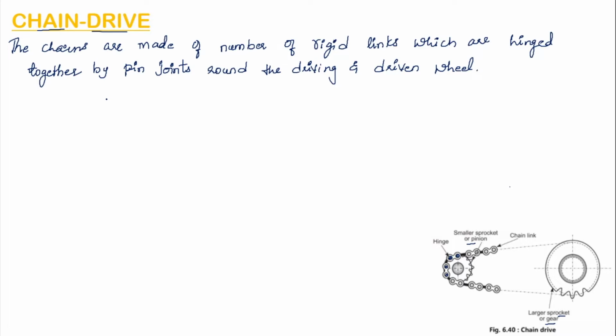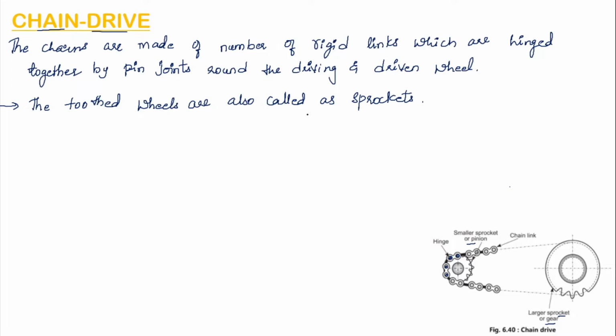The toothed wheels are also known as sprockets. As I have already told you, these wheels have teeth on them. They are also called sprockets.